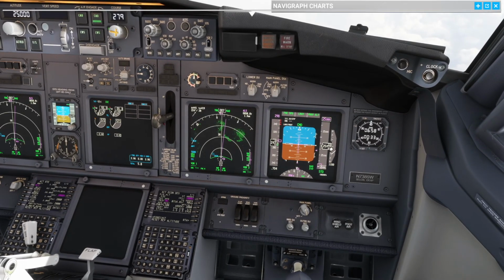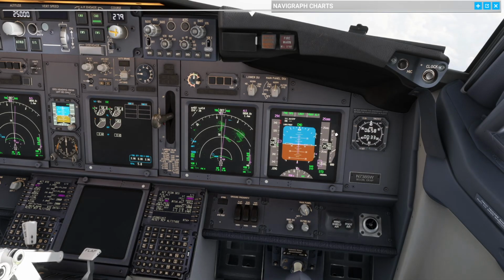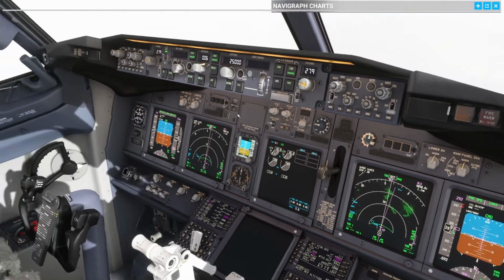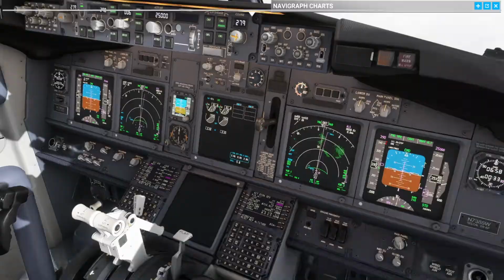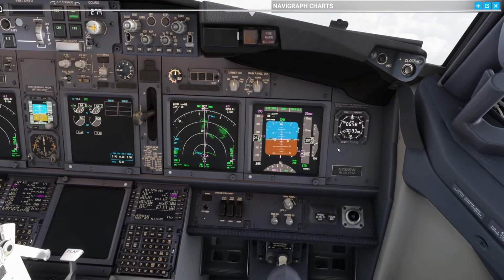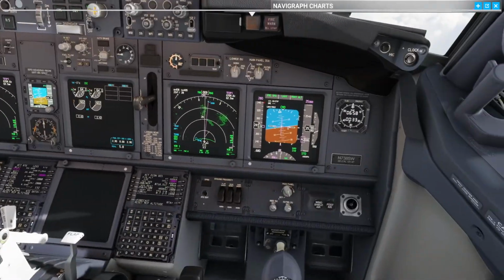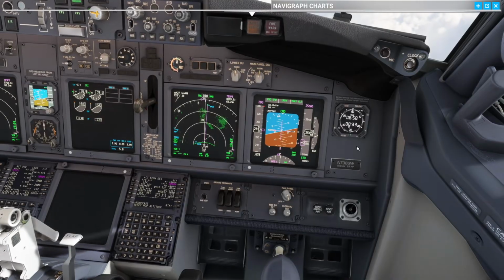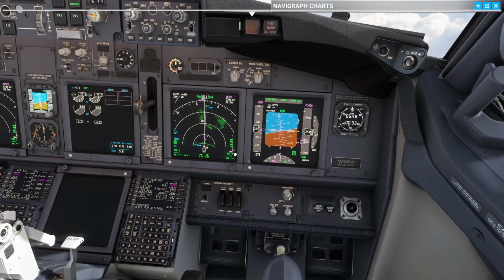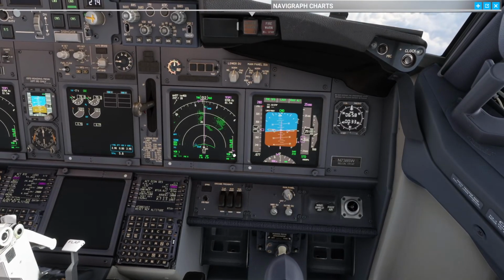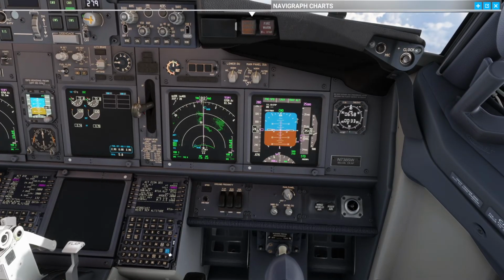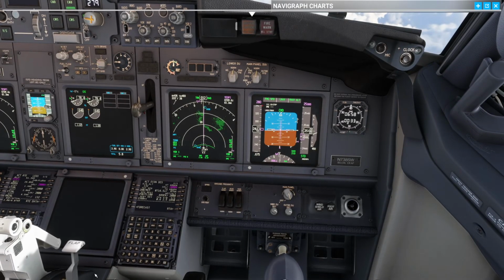So it will now level off, disregard the path here, and try to pitch for the speed. Let's maintain some speed here. And now you can see we are getting quite high on the profile. We even got prompted with a reset MCP altitude.